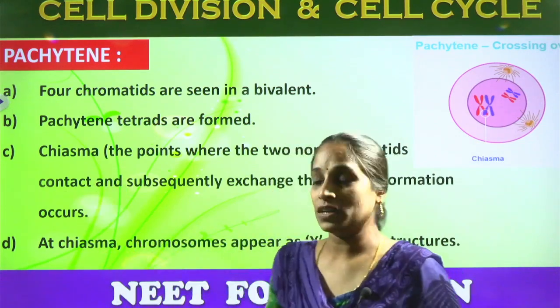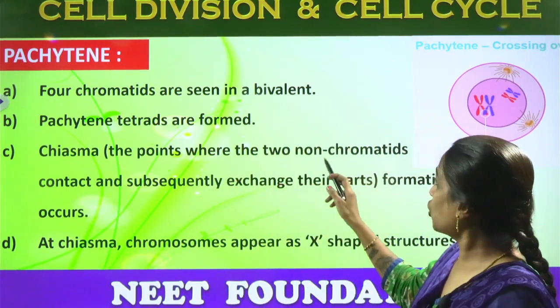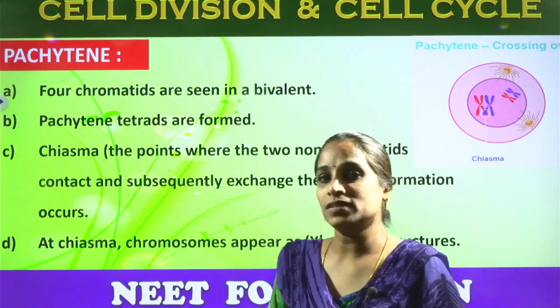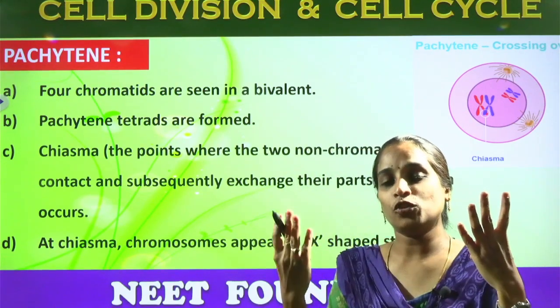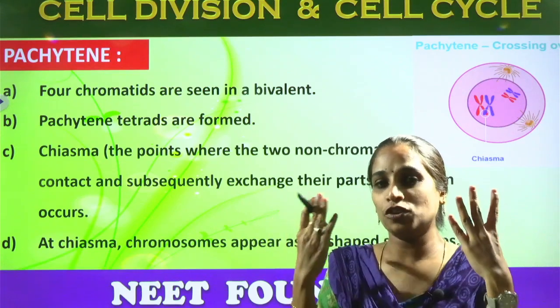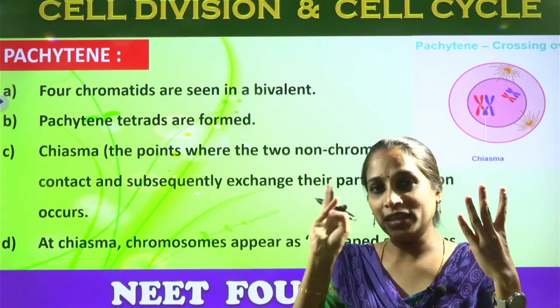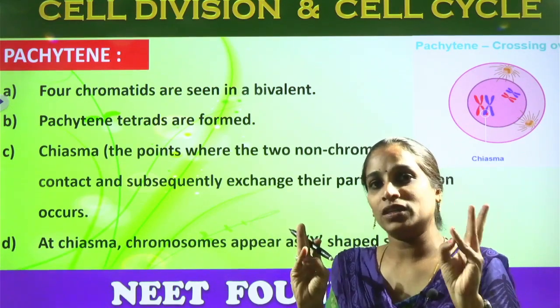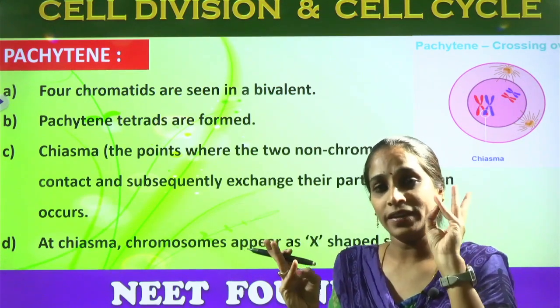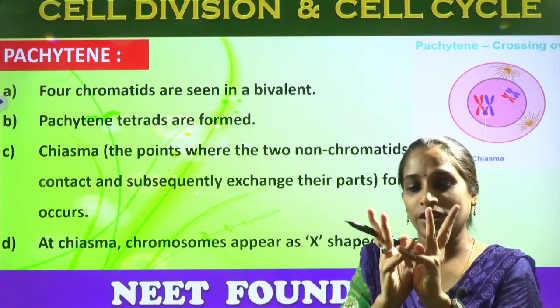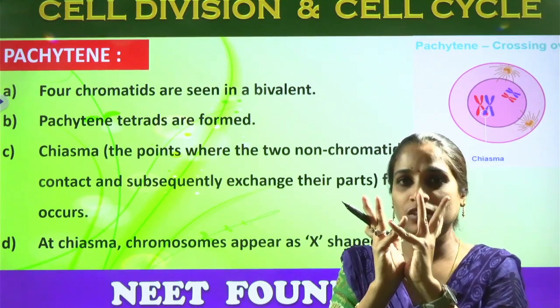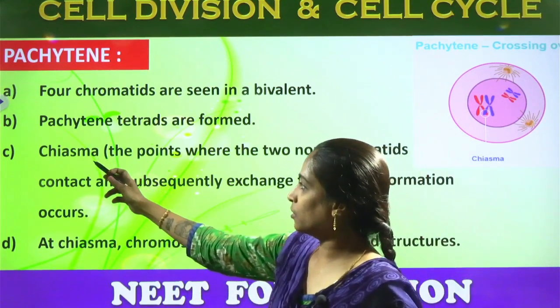What is chiasma? The point where two non-sister chromatids, that is, 4 chromatids of one chromosome and 4 chromatids of the other chromosome, meet. Out of the 4, one chromatid terminal from the paternal and one from the maternal chromatids crosses over, and that meeting point, the junction, is called a chiasma, right?